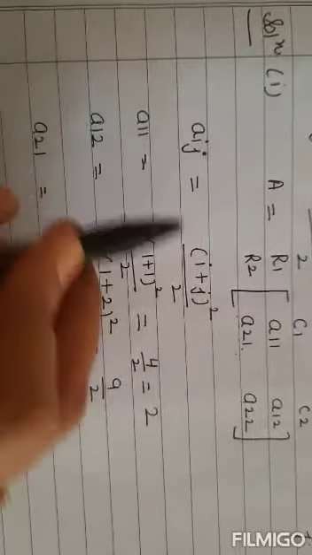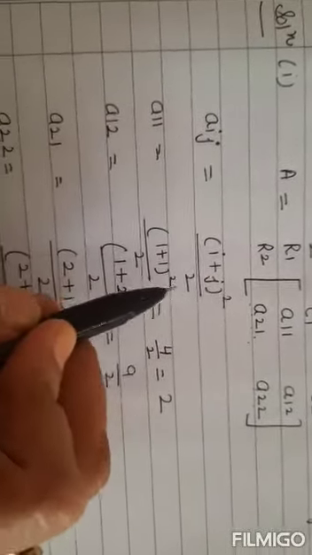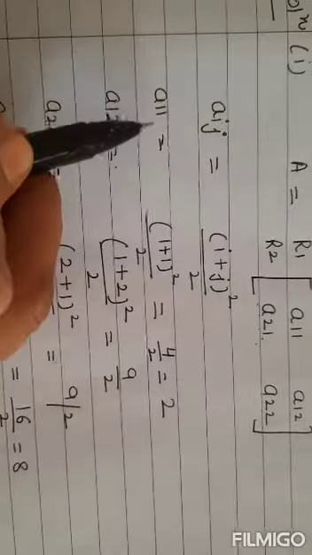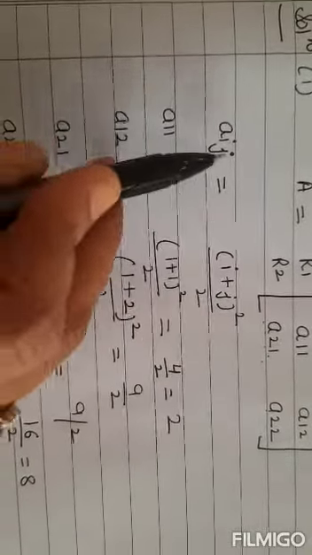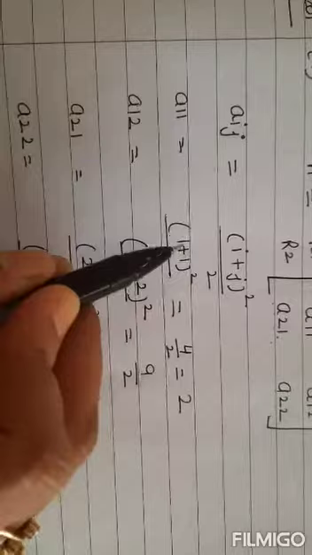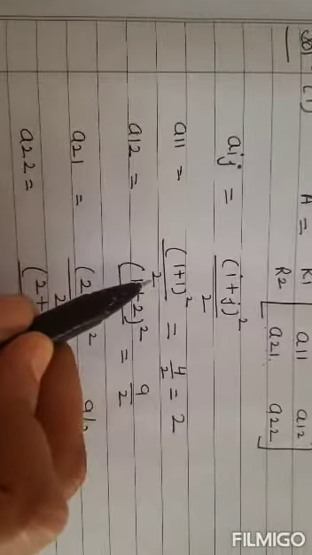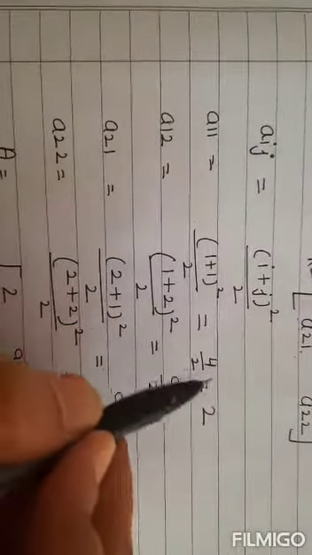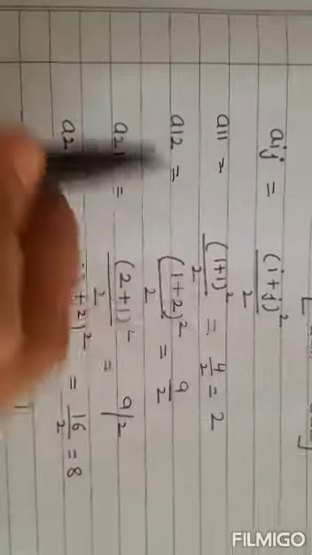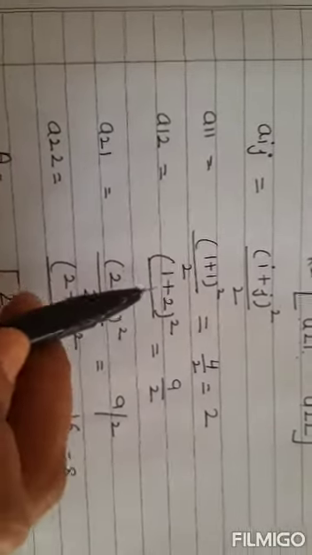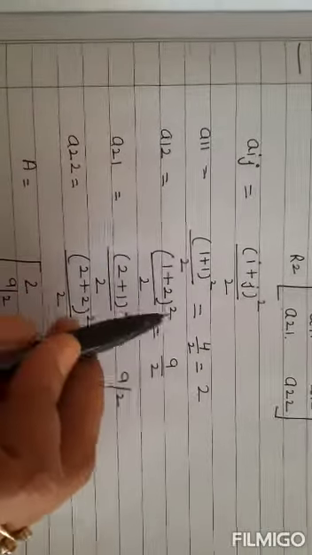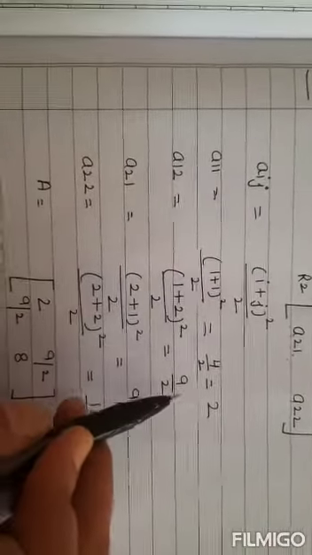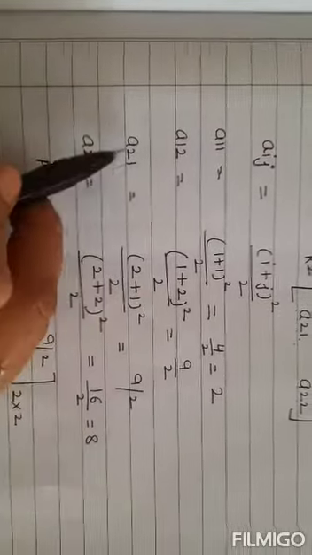Here Aij is given to be (i plus j) whole square divided by 2. So A11: here i is 1 and j is also 1. So this is (1 plus 1) whole square divided by 2. 2 square is 4, 4 by 2, answer is 2. A12: i is 1 and j is 2. So this is (1 plus 2) whole square divided by 2, which is 9 by 2.